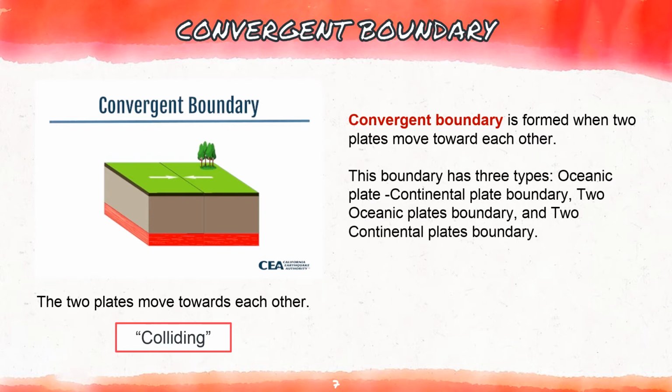There are three types of convergent boundary. It could be between an oceanic and continental plate, between two oceanic plates, or between two continental plates. We can also say that this boundary is called the destructive boundary.